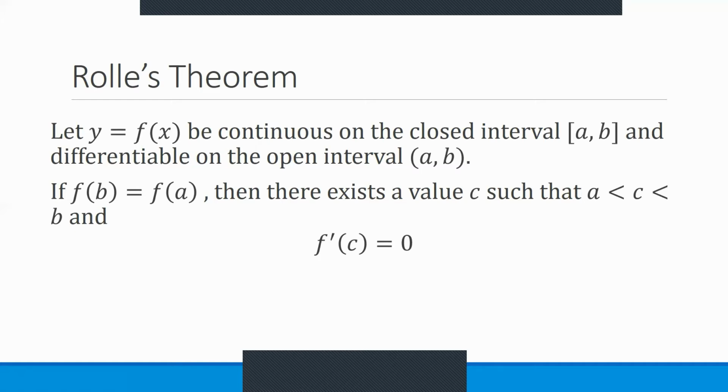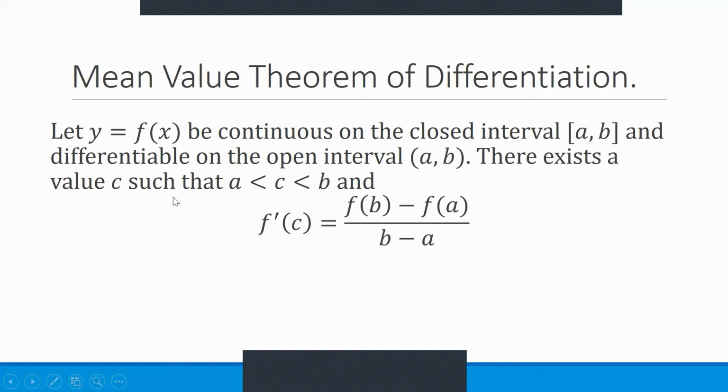This is what we call a corollary, because if we understand the mean value theorem, this one is an immediate result of that. More specifically, if we let f of b equal f of a, then we can see the average rate of change is 0. So if these two are equal, then the numerator becomes 0, and so the average rate of change is 0.